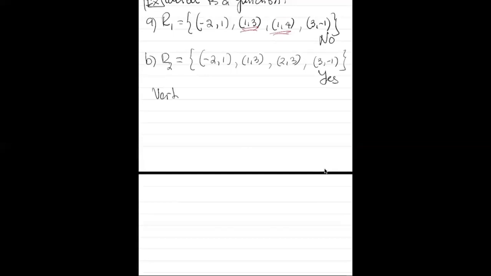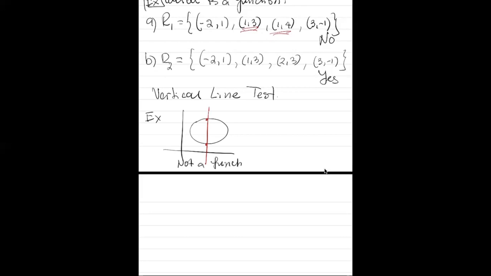So we have a test called the vertical line test that helps us decide whether a graph represents a function or not. Vertical line test. If I have a graph, let's say a circle, and if I draw a vertical line anywhere, and that line intersects the graph in more than one point, then this is not a function, because for this x, you have 2 y's.